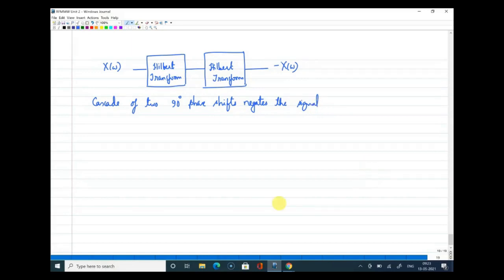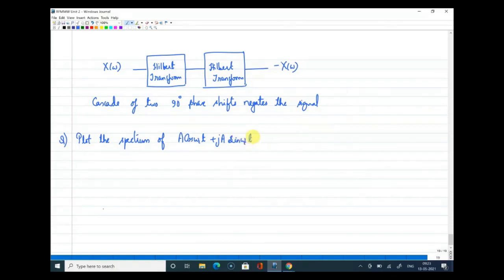Now, let me give one question to you. Plot the spectrum of a signal A cos omega c t plus j A sin omega c t.